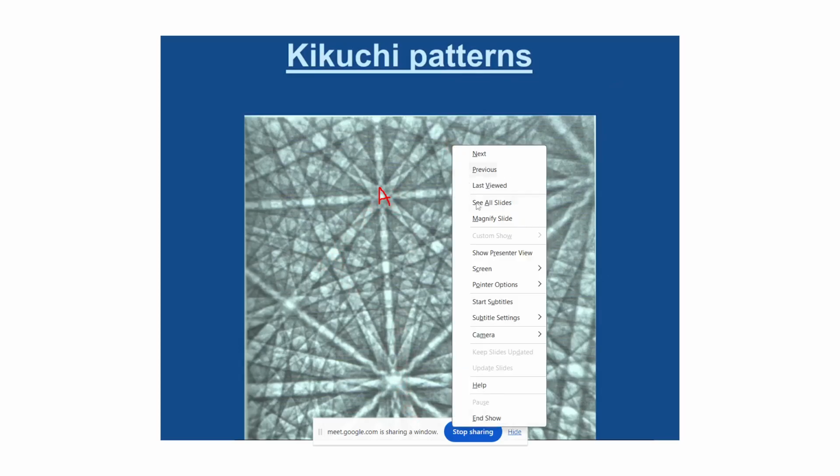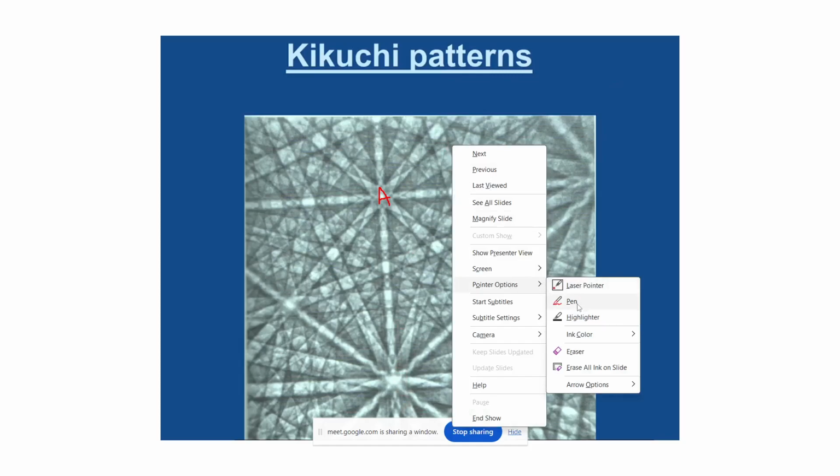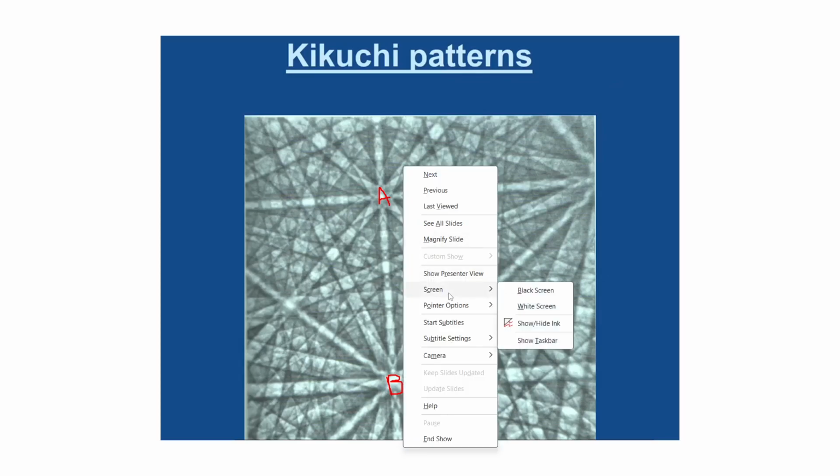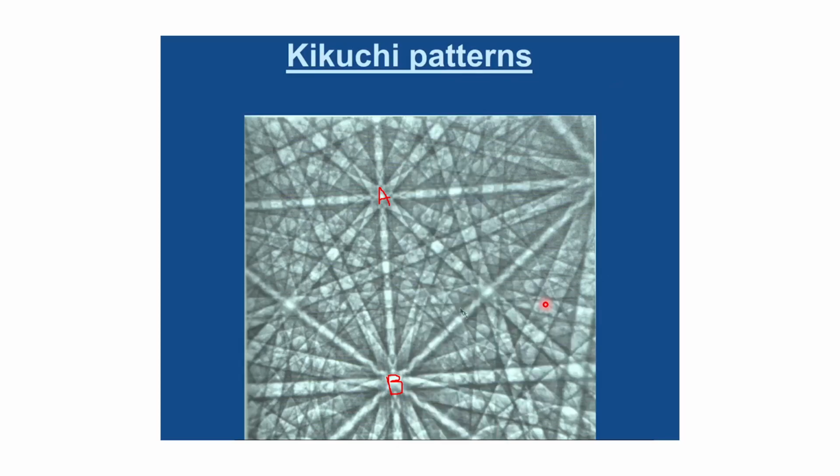For example, there is another zone axis which I am representing by this point B in this Kikuchi pattern. So point B and point A are both zone axes, and they will represent different zone axes. Here are different kinds of planes.